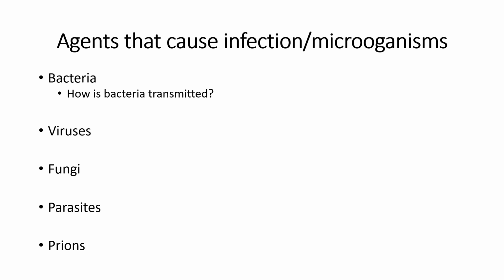And then we go on to fungi. So these are single-celled, composed of molds and yeast. So that's kind of an easy one to remember. And some examples of these would be candida, vaginal yeast infections, ringworm, athlete's foot. And then there's parasites, and we have heard of these definitely before.